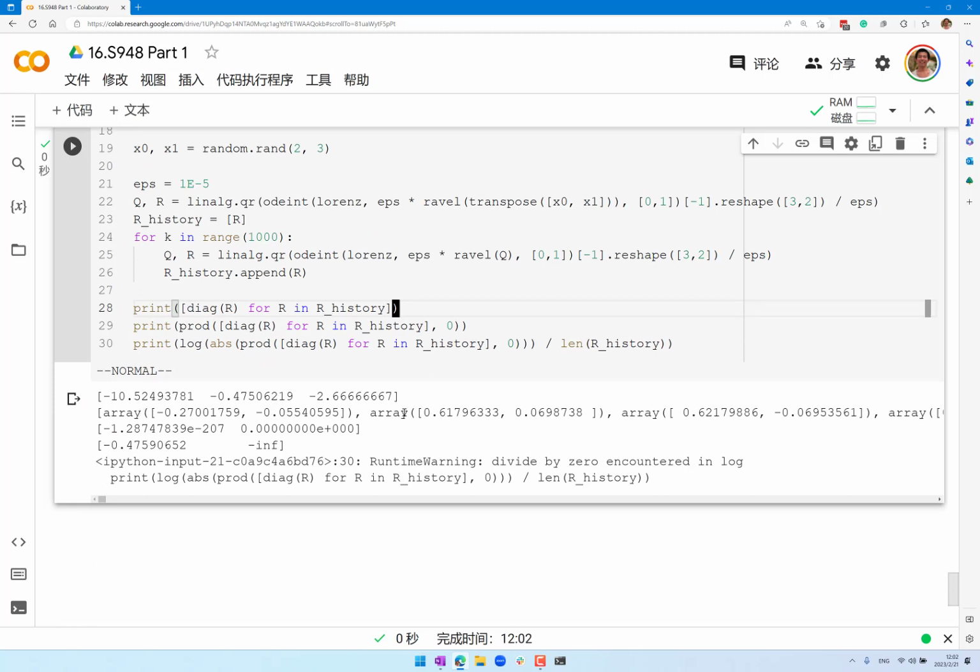The only thing that's problematic is that the second number is on the order of 0.05 or 0.06. If you multiply 1,000 such numbers, the number gets too small to be represented as a double precision floating point.